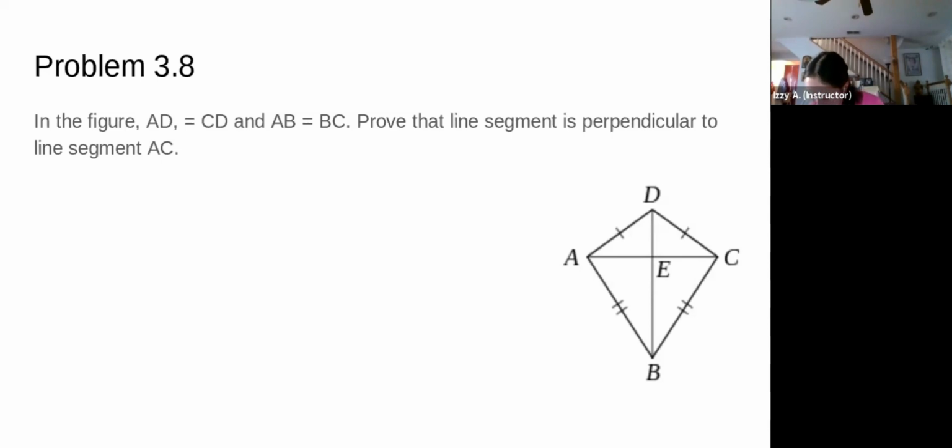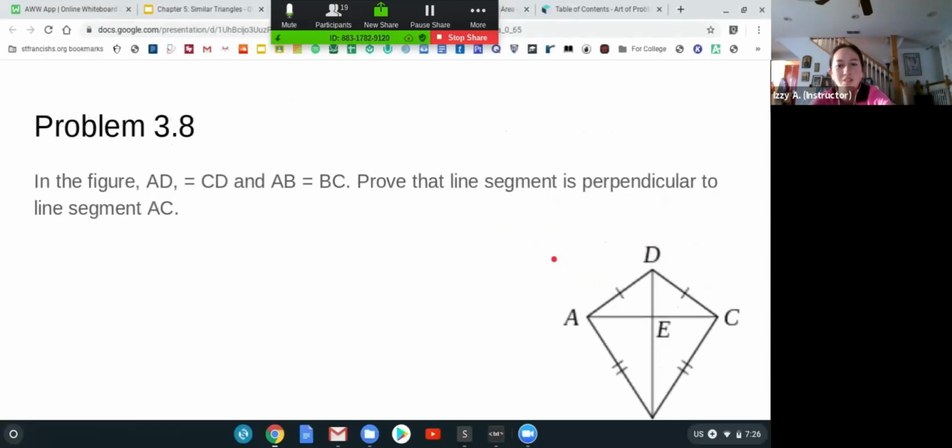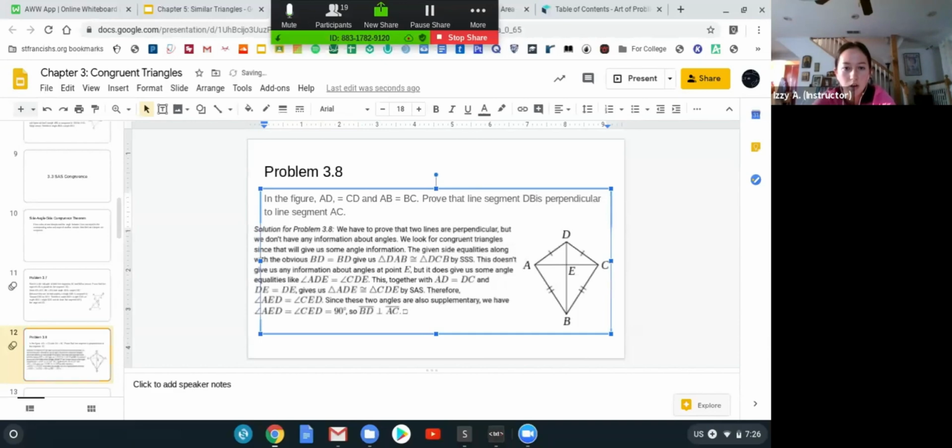I meant to say, prove that line segment DB is perpendicular. I did not realize that I have quite a few typos. I apologize for that. It's perpendicular.